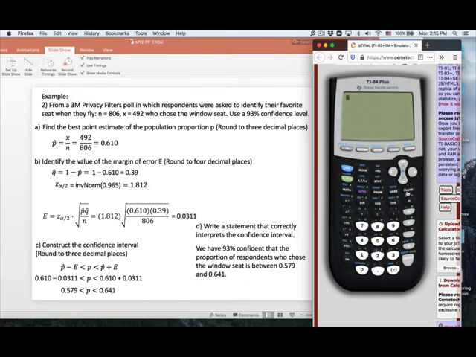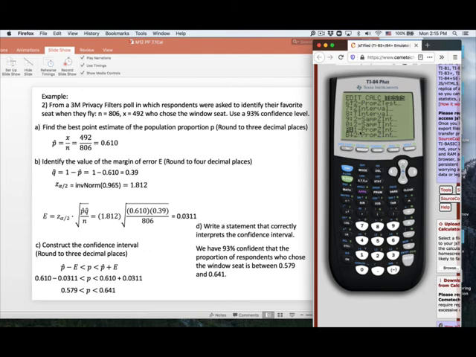I want to use the calculator to double check my work here. So I'm going to go to Stat, go to Tests. We are working on the one population proportion, Z distribution, confidence interval.